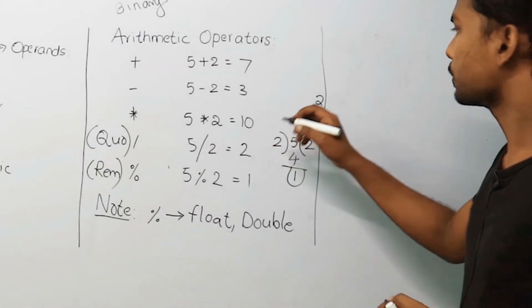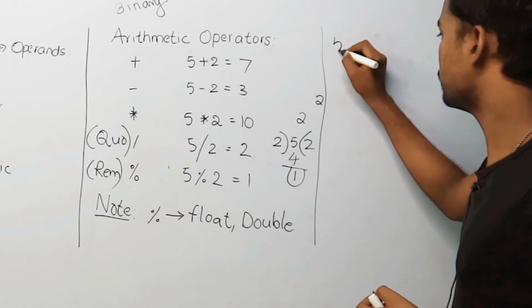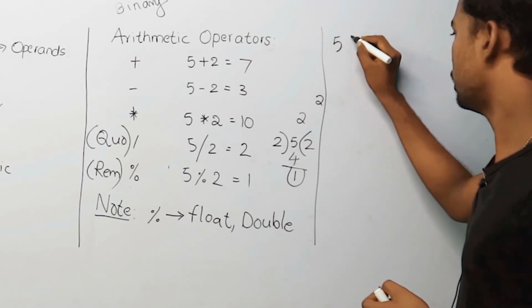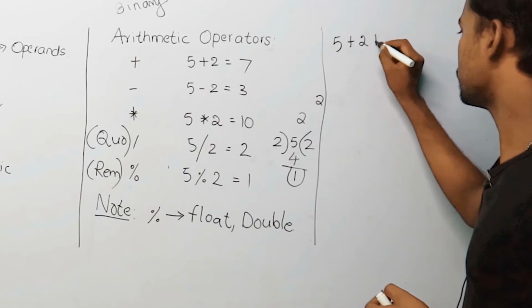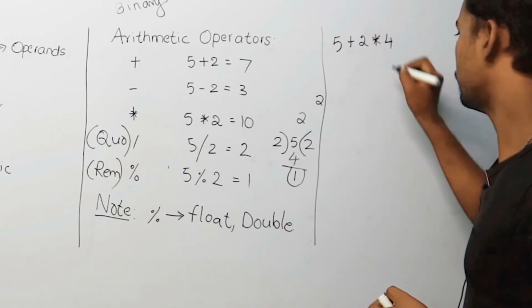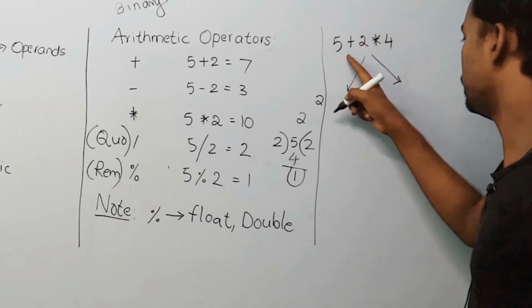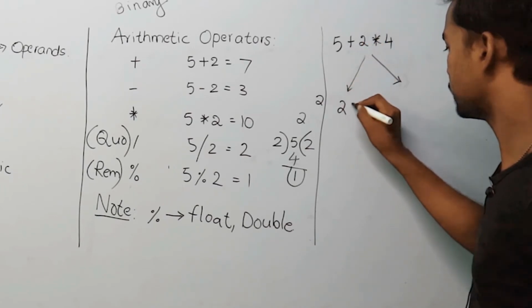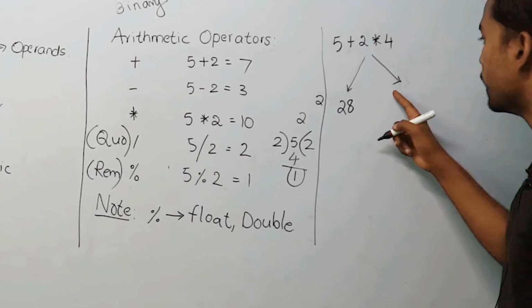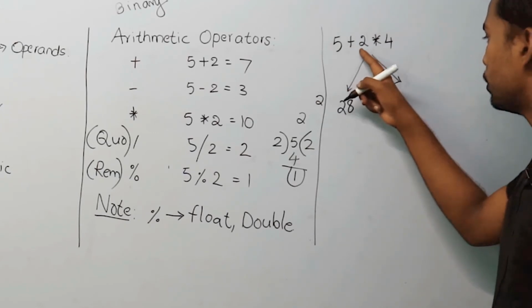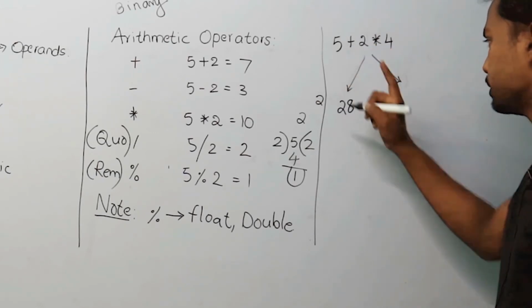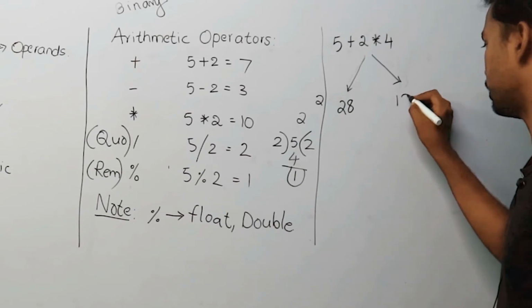So let us suppose we are given an expression: 5 plus 2 into 4. One solution is 5 plus 2 will be 7, 7 times 4 is 28. The other answer is 2 into 4 will be 8, 8 plus 5 will be 13.